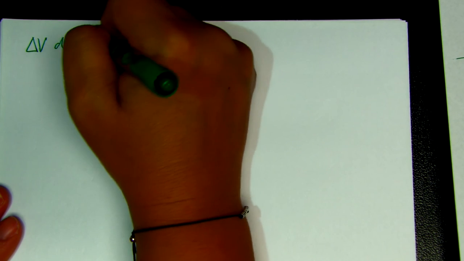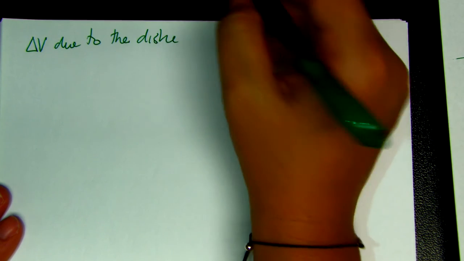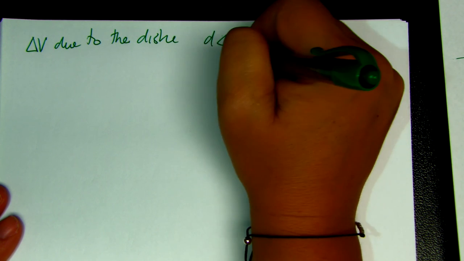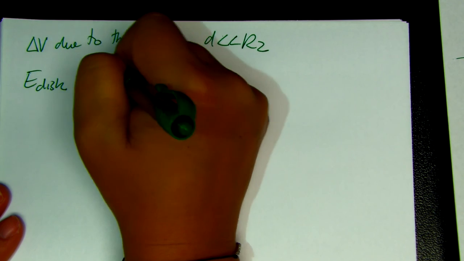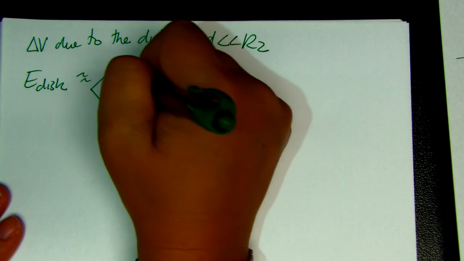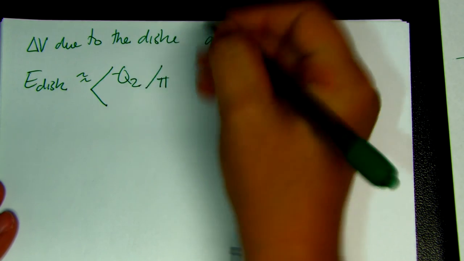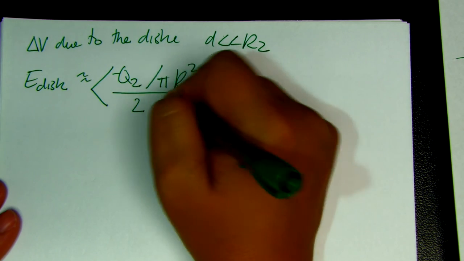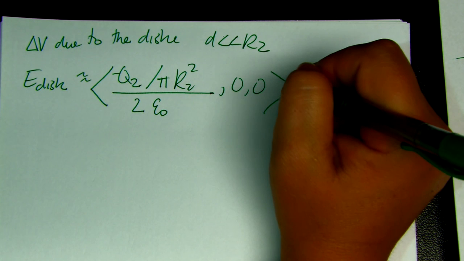And delta V due to the disk. So we can use the approximation because D is much, much less than R2. So E disk is approximately minus Q2 over pi R2 squared, divided by 2 epsilon naught, 0, 0.